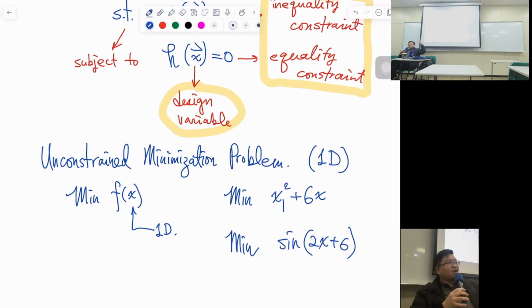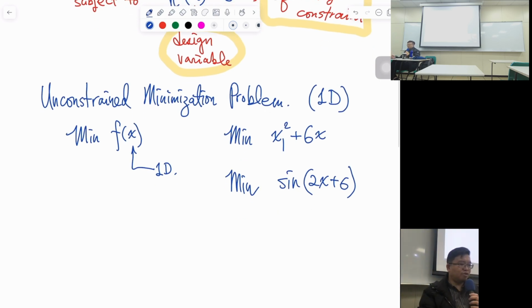But if I give you a function that is more complex, then you don't know where the solution is. So today we will teach you how to find a solution in a systematic way. It's a kind of procedure. Okay? So the method I'm going to use is the so-called Newton's method.